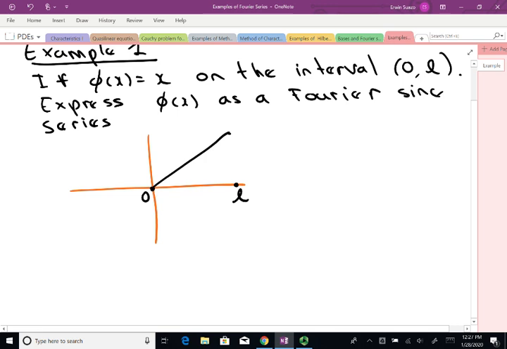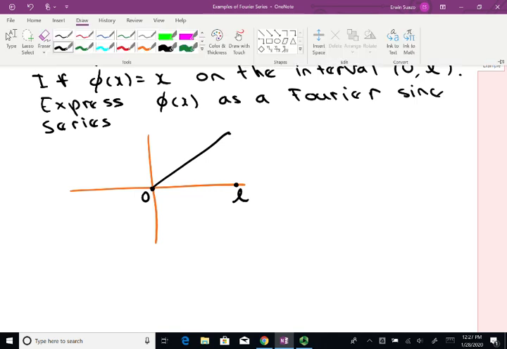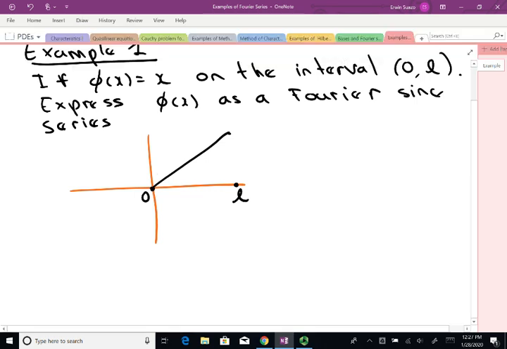Okay, so I want to find a Fourier series that approaches this. Basically it's gonna look something like this. It's gonna get close and then connect like this. Okay, we'll talk later about periodicity.